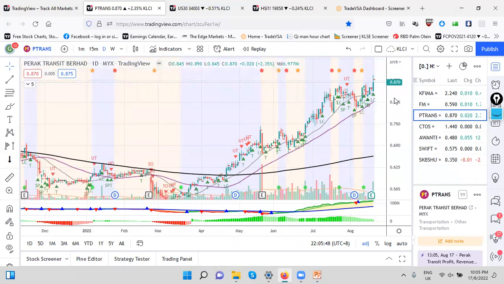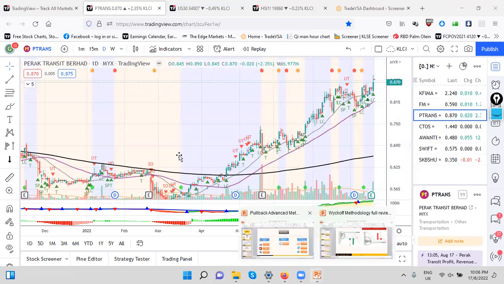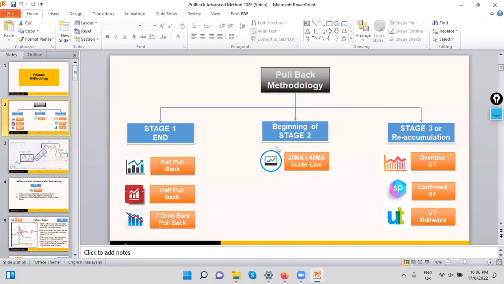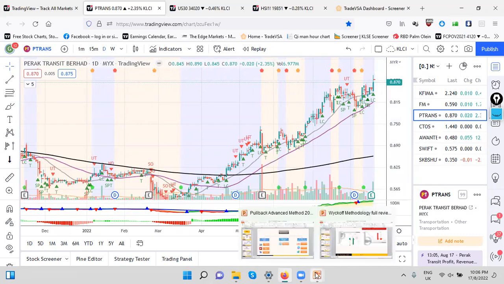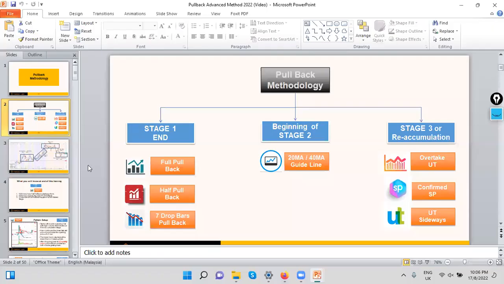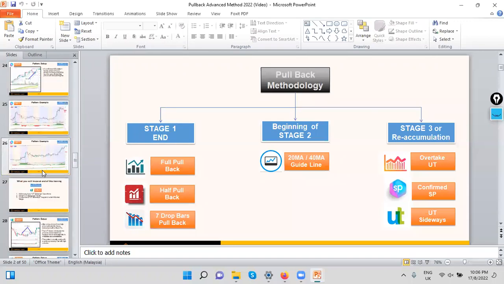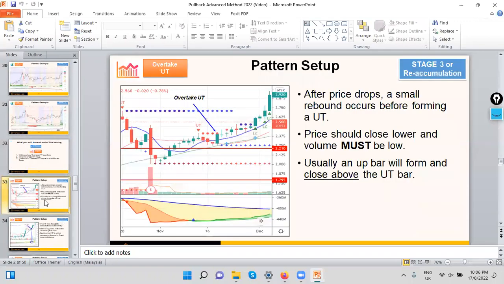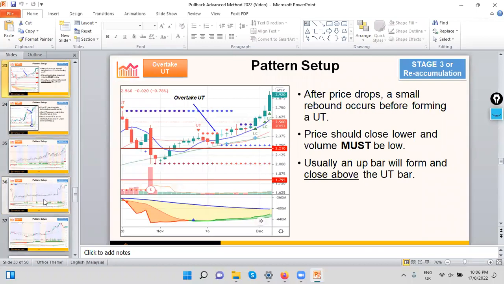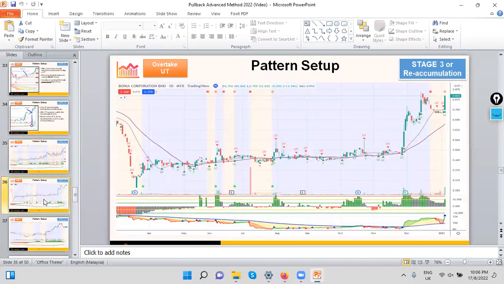For a stock like this, you cannot use much of the volume profile, but you need to go back to the original strategy of the 20 moving average and 40 moving average. So basically the pullback methodology will focus on this pattern, and after that we will discuss more pattern setups and also examples that you can look at.